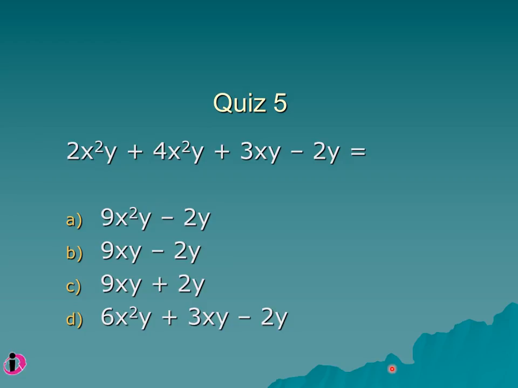Okay, here, the first 2 terms are like terms, right? So you add them, and it gets 6x squared y. And the next 2 terms, the last 2 ones, they are unlike, right? So you keep them as they are. So the right answer is D.